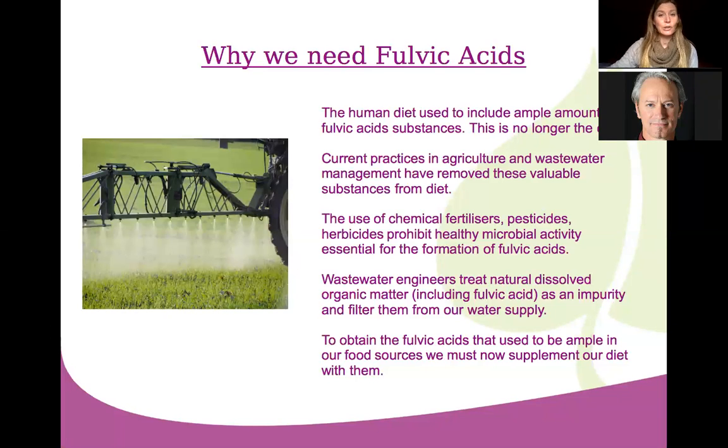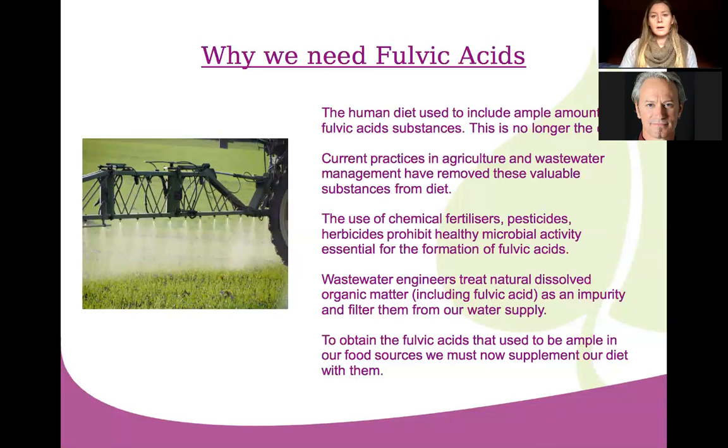It actually takes a long time, because it's a repeated cycle of humification, the bacterial degradation of the natural organic matter, and it has to happen over many generations. It's not a short process. It doesn't happen in a few weeks. This is a 1,000-year process, the creation of fulvic acids in our soils.